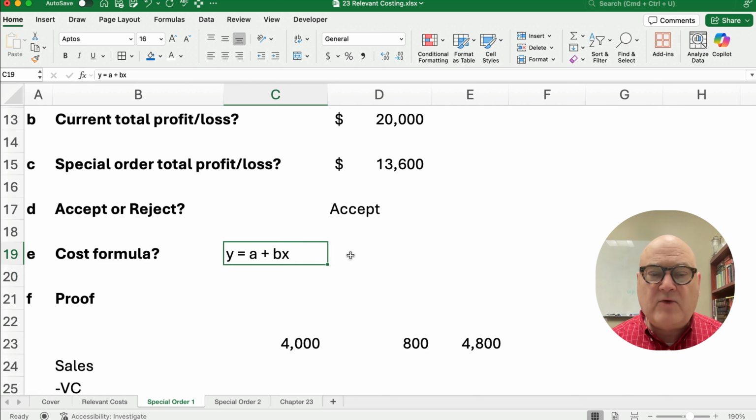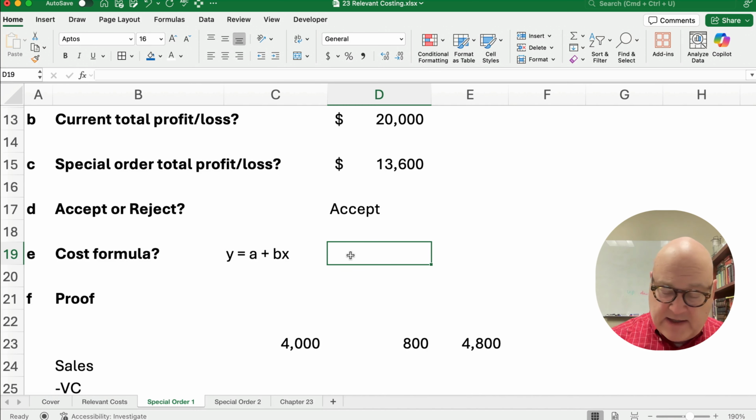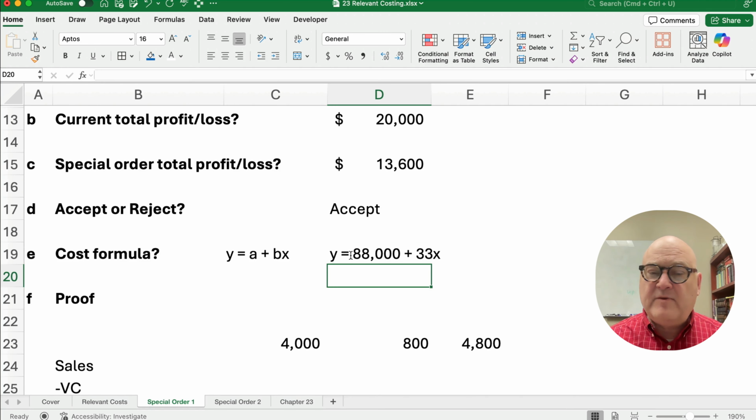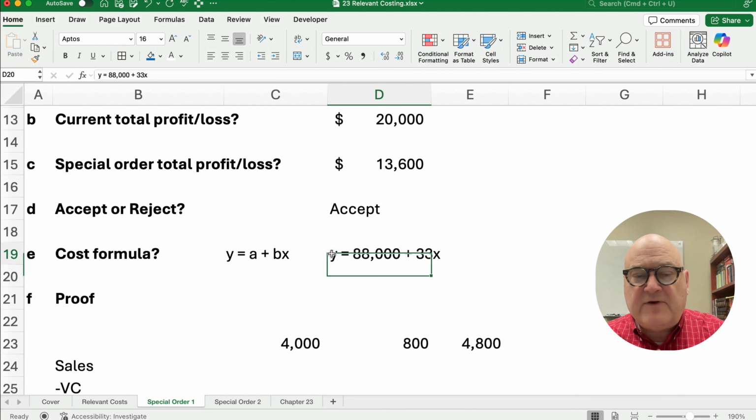So to get the total cost, what you would do is you would say Y equals 88,000 is our fixed cost plus 33X. So that's our cost formula, and that helps you understand the behavior.